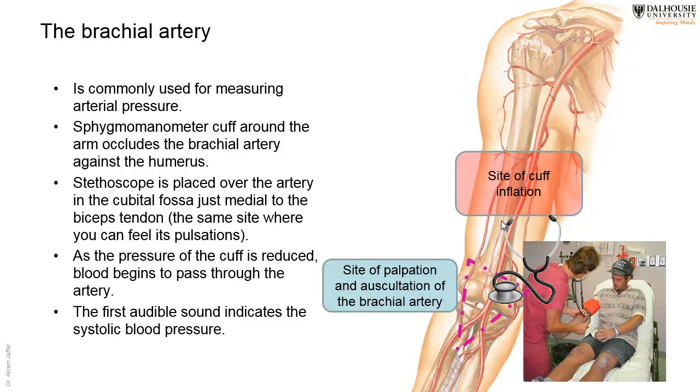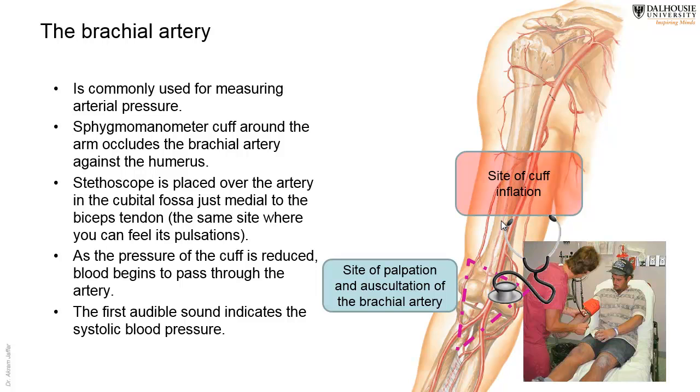As you are deflating the sphygmomanometer, the artery begins to open. It's like a hose having water and you are compressing it. When you remove the pressure from the hose, then the blood will pass through the hose but with a sound. Okay? This sound, you can hear it in the stethoscope, and this is called the systolic blood pressure.